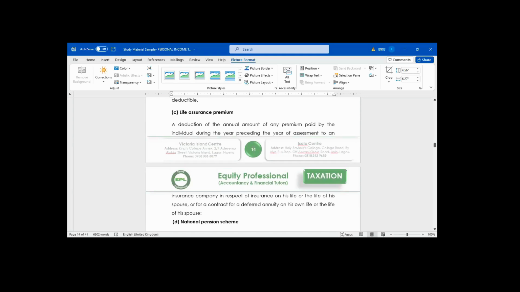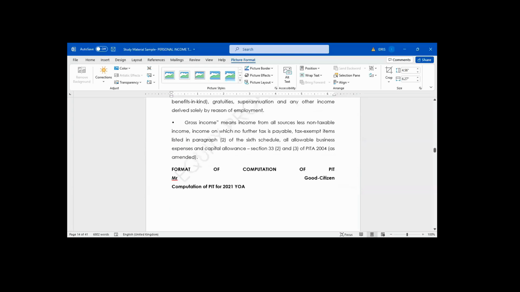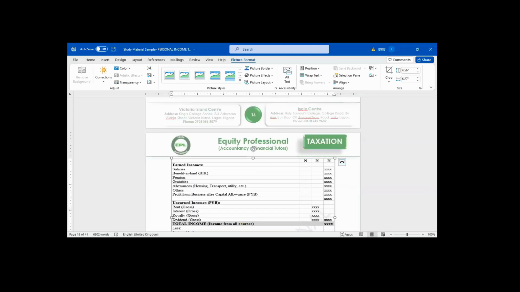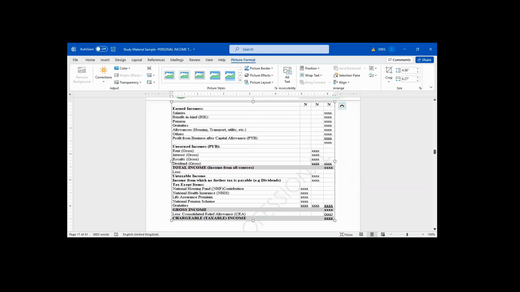That premium paid by the employer to the insurance company for each employee for insuring their life is called life assurance premium, and you can use it to reduce your tax as an employee. You will use it as part of your tax exempt.